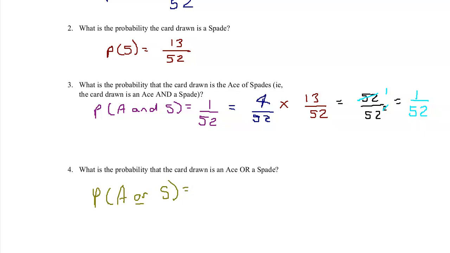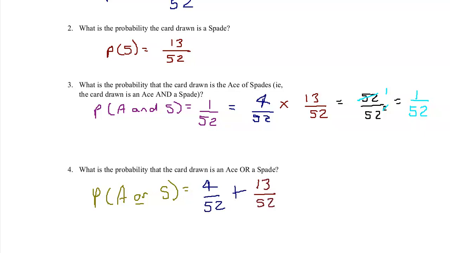Well, we've got 4 aces out of the 52. Probability we got an ace is 4 out of 52, plus the probability we got a spade, which is 13 out of 52.